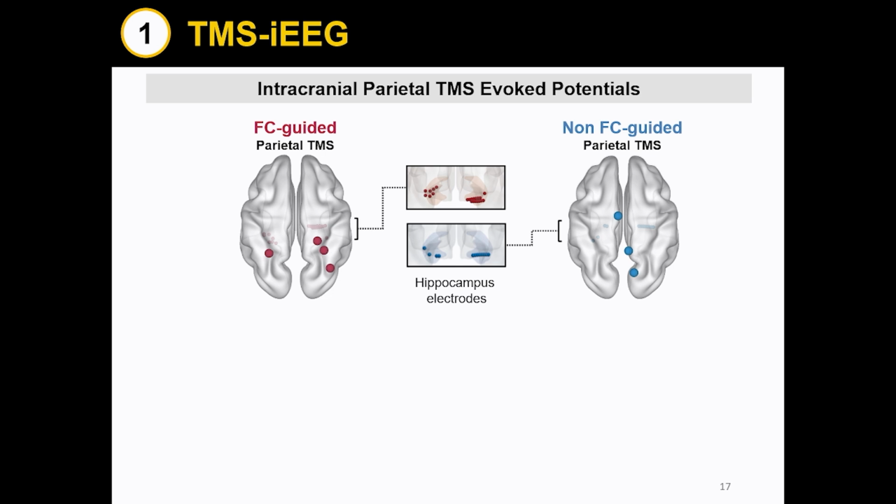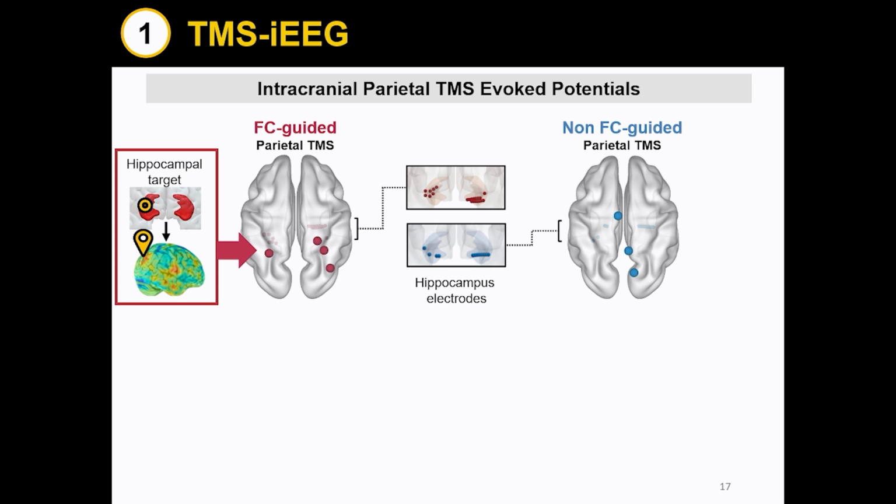In the other subject group, we delivered non-FC-guided parietal TMS. In the FC-guided parietal TMS, we defined the stimulation site as the parietal spot with the maximum connectivity with a hippocampal electrode.